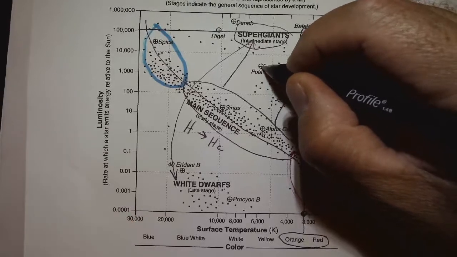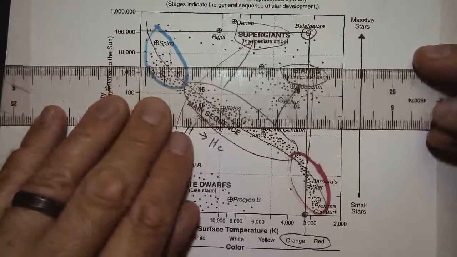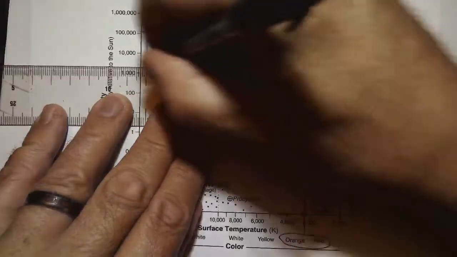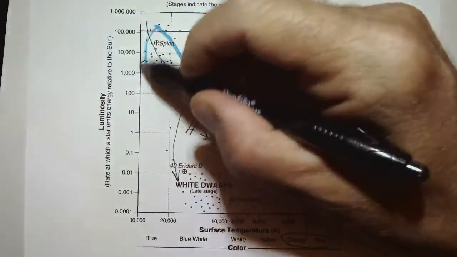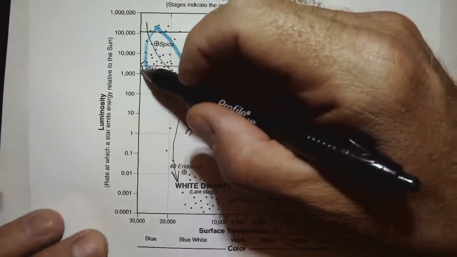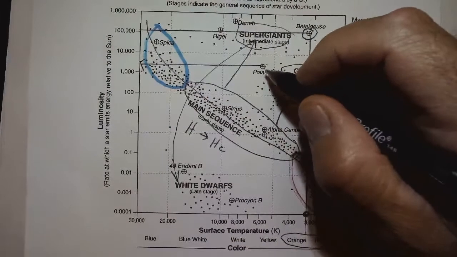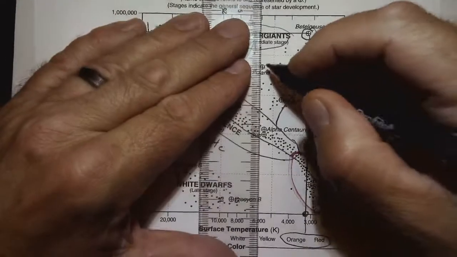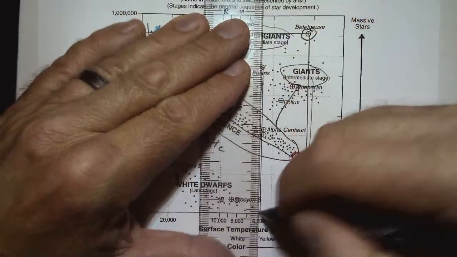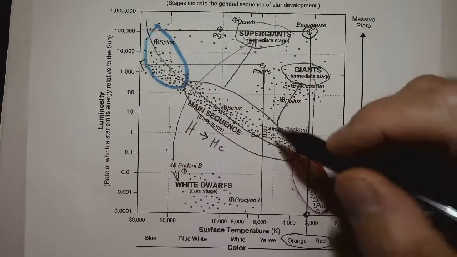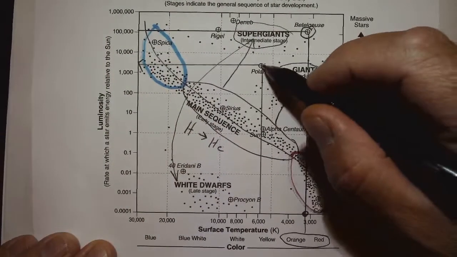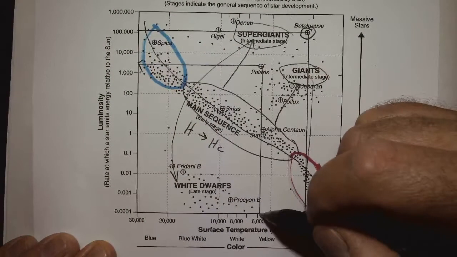How about Polaris? Compare Polaris to our sun. Again, you read straight across, and you see it hit here. If that's 1,000 and that's 10,000, I'd say probably about 3,000 to 4,000 times as bright as our sun. And if you look down to get the temperature, Polaris would be just a little bit hotter than our sun.